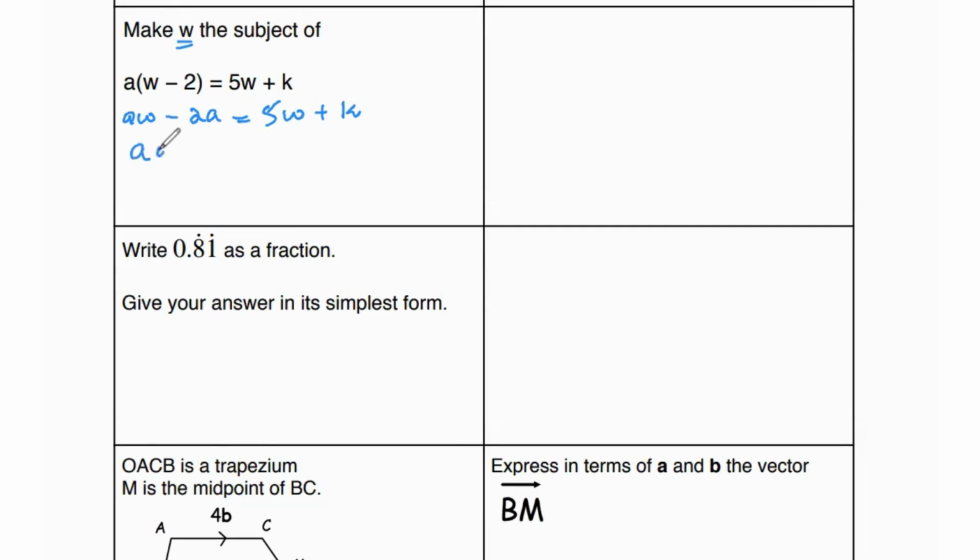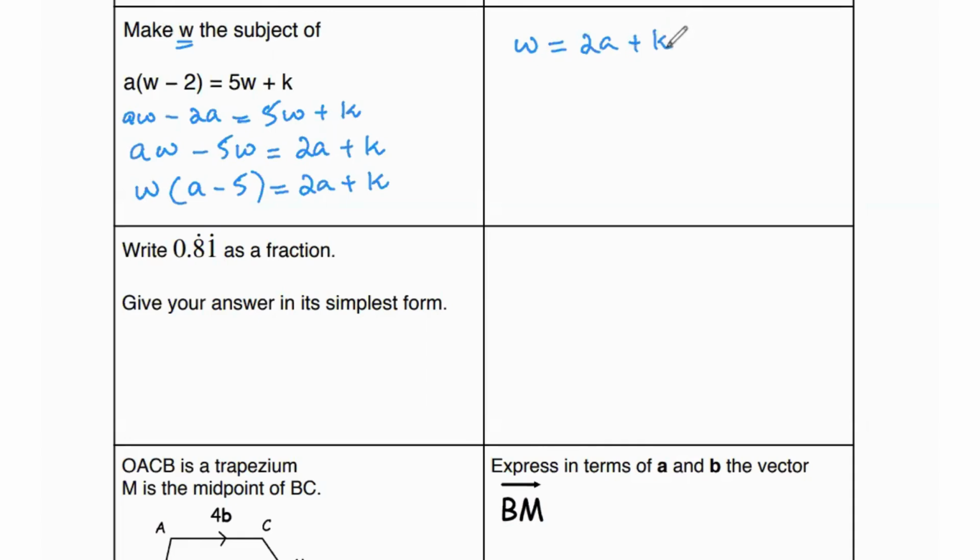So that's going to give us aw minus 5w equals 2a plus k. Now we're going to take w common from aw and 5w. So that gives us w times (a minus 5) equals 2a plus k. Making w the subject, we're going to have (2a plus k) divided by (a minus 5). That's your answer.